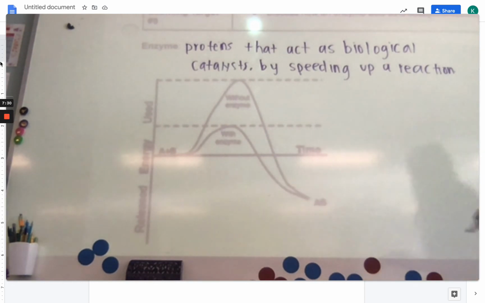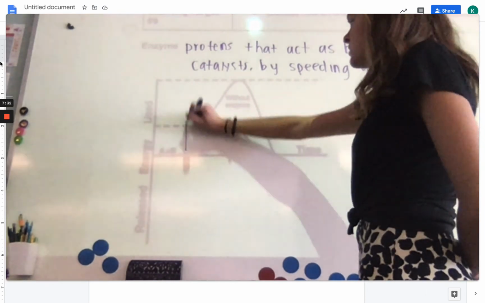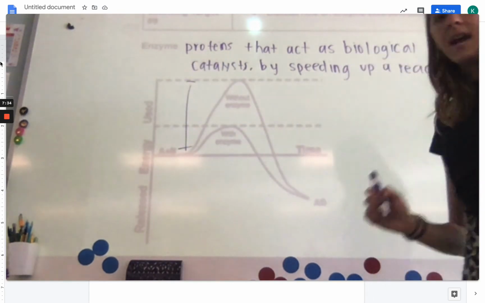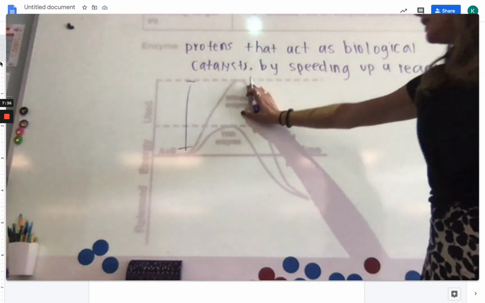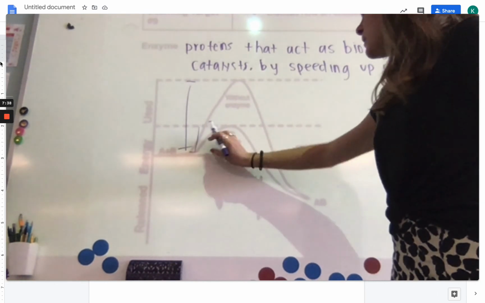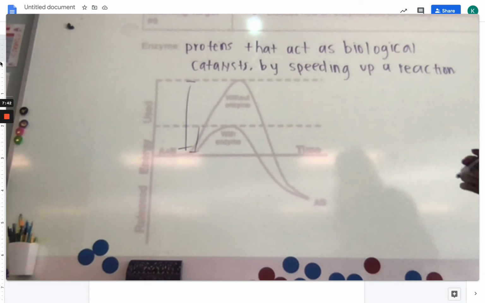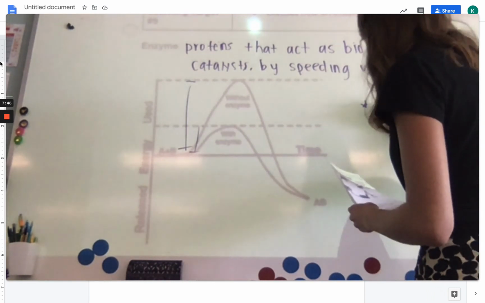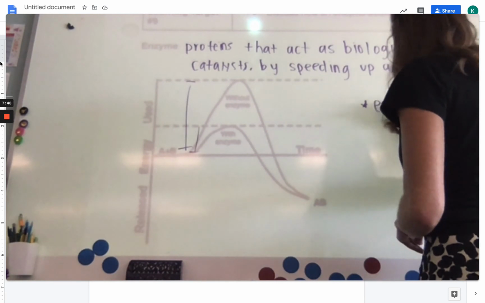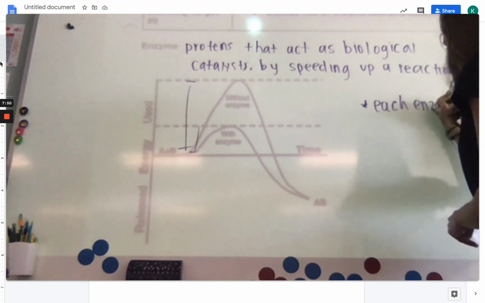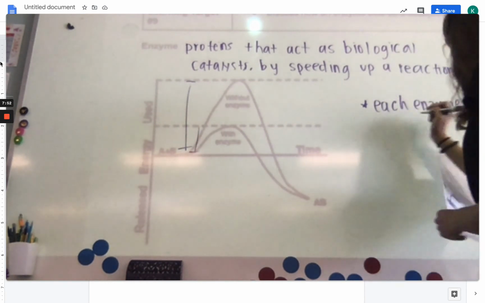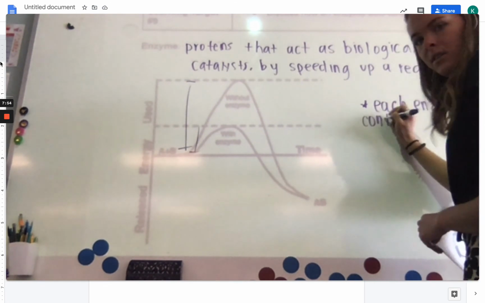Okay, so you can see in this graph that it requires this much energy to start a reaction without an enzyme. But with an enzyme, it only requires this much. So you can see that an enzyme is lowering the activation energy needed to start a reaction. And enzymes are very specific. So each enzyme controls a very specific reaction.